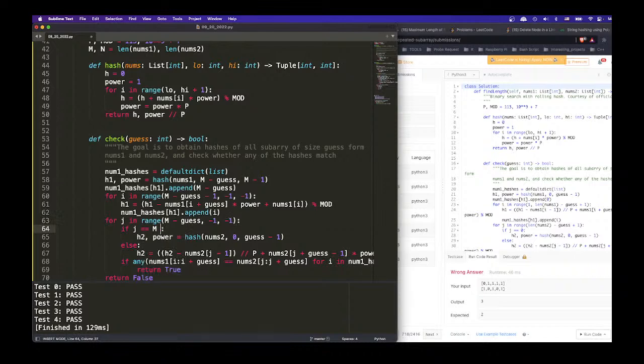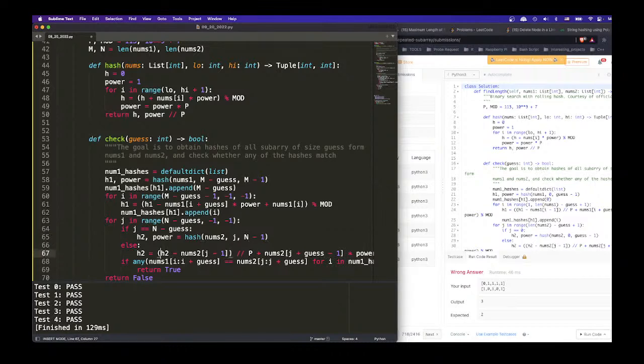And then while J is m minus guess, then we say J, oh, N, that's not M, it's N. So it will be from J to N minus 1. Right? So that's the first one.